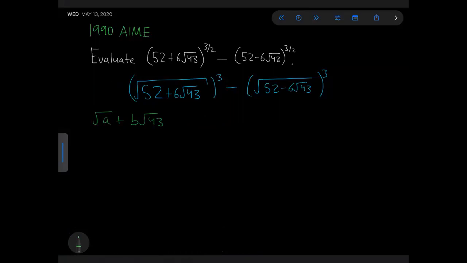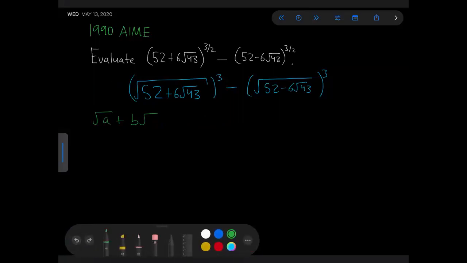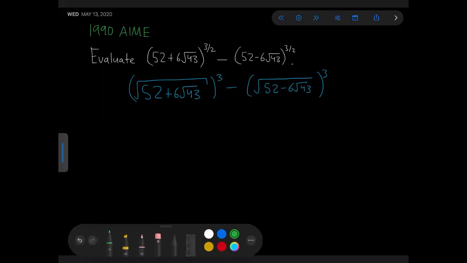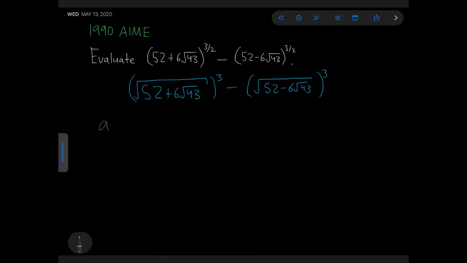Squaring this, sorry, that's not what I meant to write.